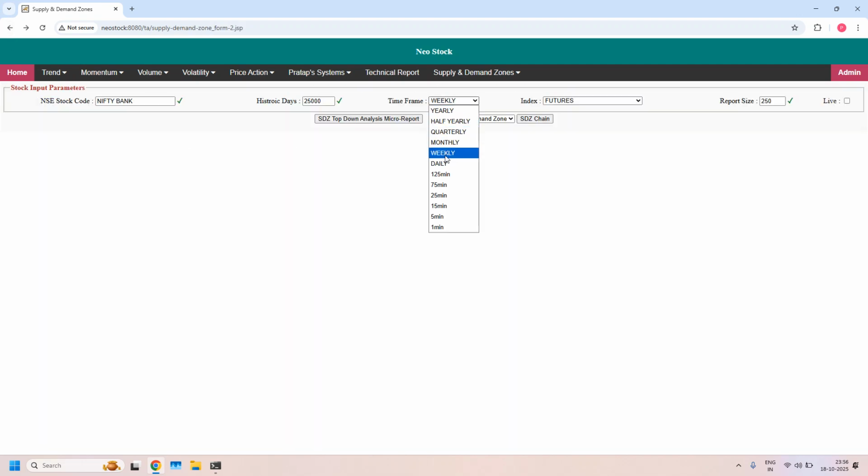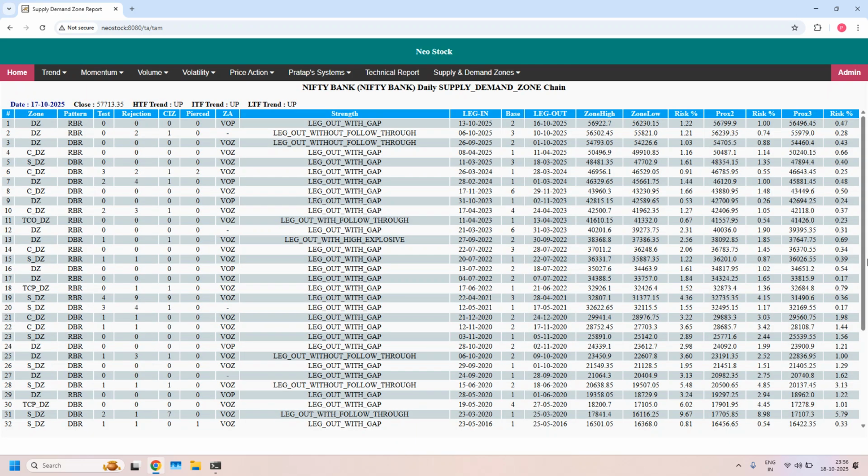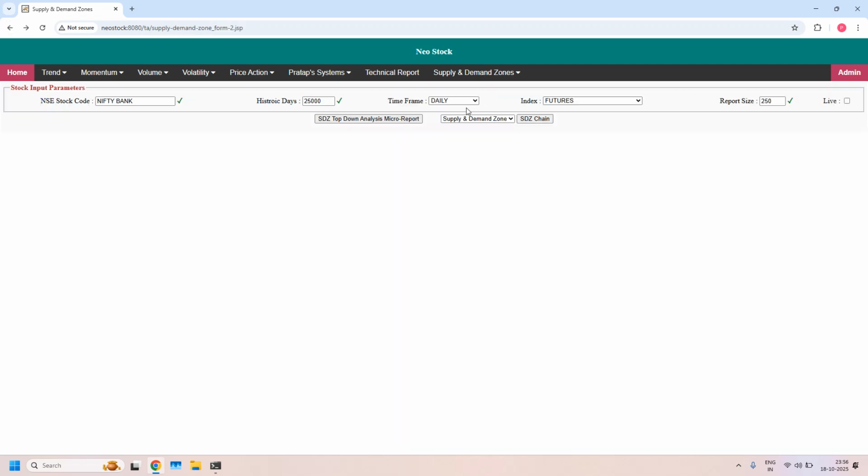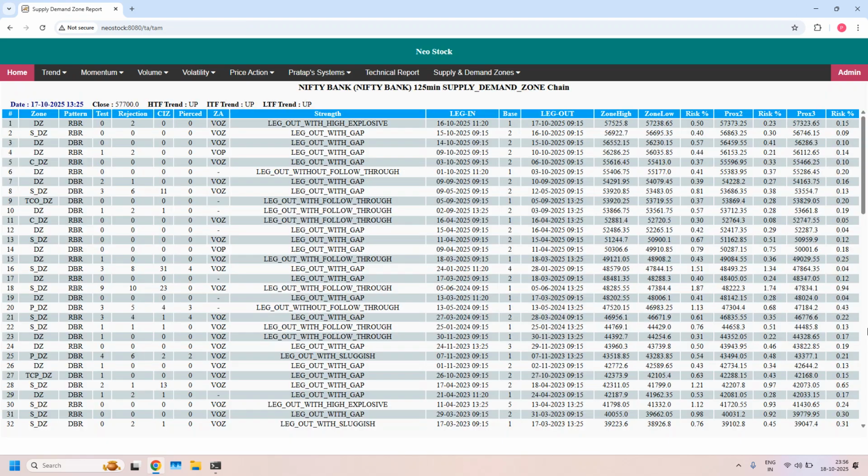Next, generating daily supply demand zone chain for Bank Nifty. Next, generating 125 minutes supply demand zone chain for Bank Nifty.